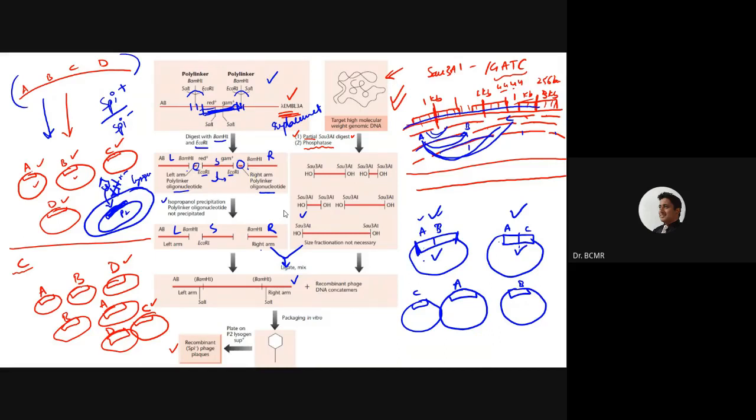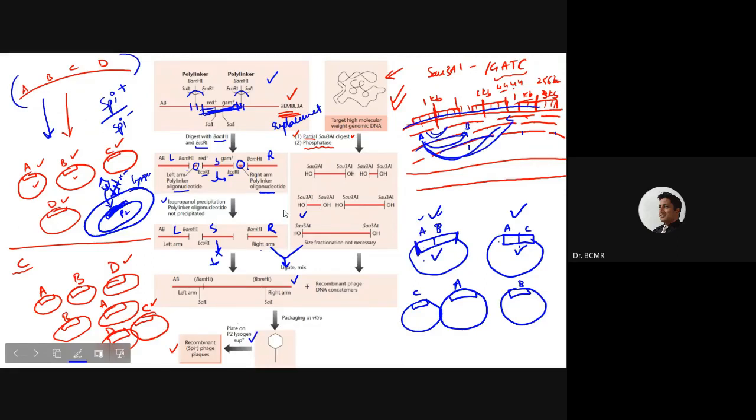When we perform ligation, there are several possibilities. I would encourage you to go to the video where I have described those in detail. But the simple way is those that have stuffer region cannot ligate. Even if it ligates, it is eliminated because we are using a P2 lysogen.